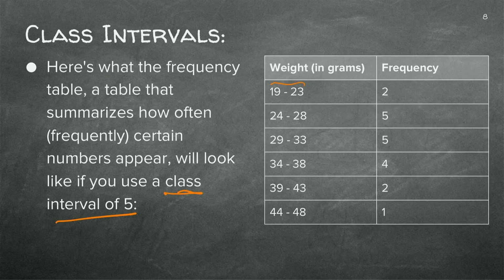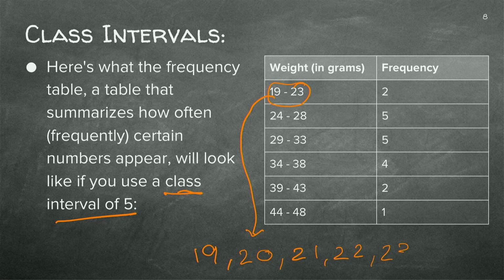The first class is 19 to 23. But remember, you include 19 and you include 23. So in this class, we have weights 19, 20, 21, 22, and 23, which is 5.